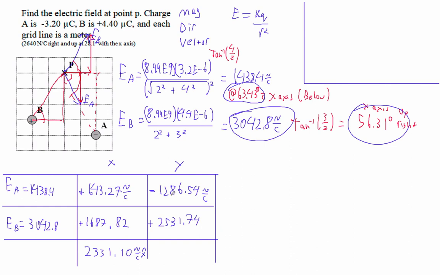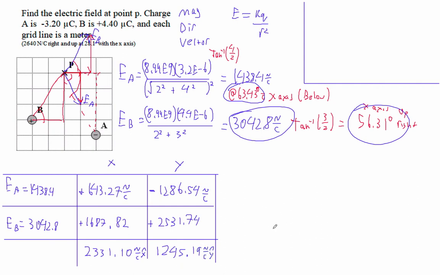And then let's add these guys up. Let's go the opposite of, and I'll find the 1286 one. Come on, baby. There it is. Plus the 2531. This up arrow thing has changed my life. And this is 1245.19 newtons per coulomb Y.